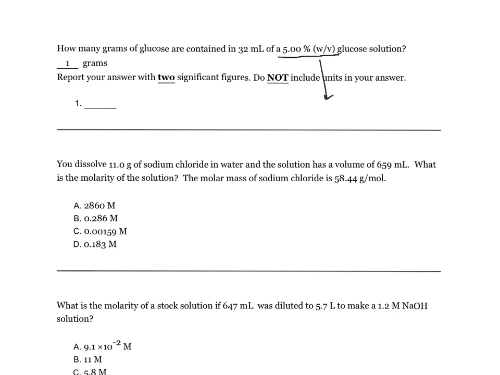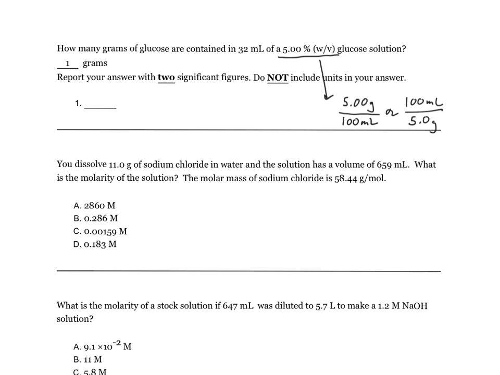That means that you can say that you've got 5 grams in 100 milliliters of solution, or vice versa. 5 divided by 100 is 0.05, turns into a percent, would be 5%.